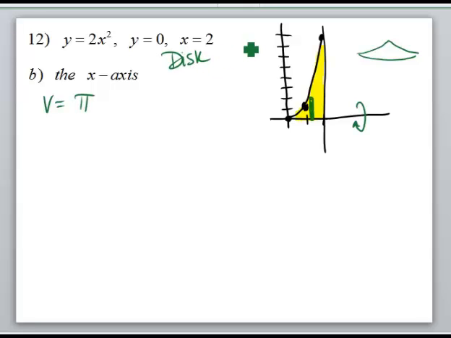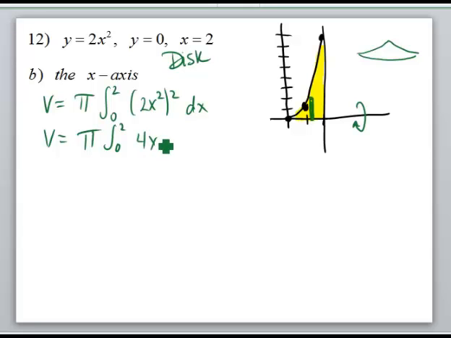So I'm going to just have one R, and R would be the 2x squared, and I have to still square it. We're talking about going from 0 to 2 because we're going about the x-axis. So when I square this function, I get 4x to the 4th dx.